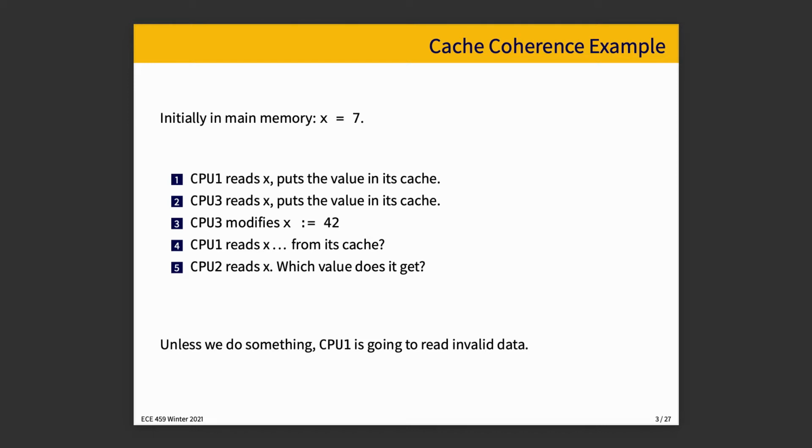Unless we do something, CPU 1 is going to read invalid data, and we won't get the correct answers that we are looking for. I mean, in modern CPUs with 3 or 4 levels of cache, we frequently find that level 3 cache isn't very much faster than going to main memory, but this is the level where cache coherency takes place. And this makes the cache shared between different CPUs.